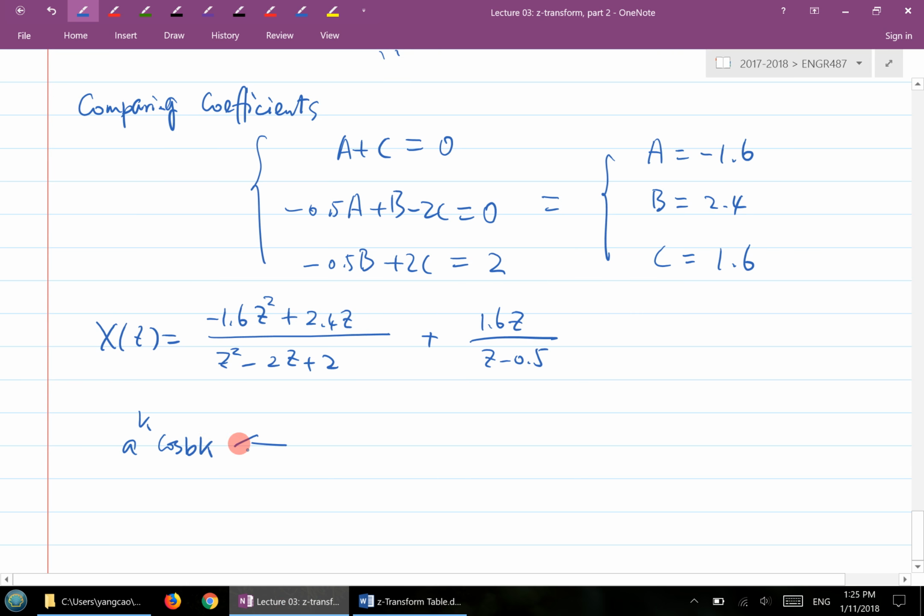So here is x of k, and the corresponding z transform like this. So that's from the z table here. That's from the z table, and you do have the a to the power of k sine bk.